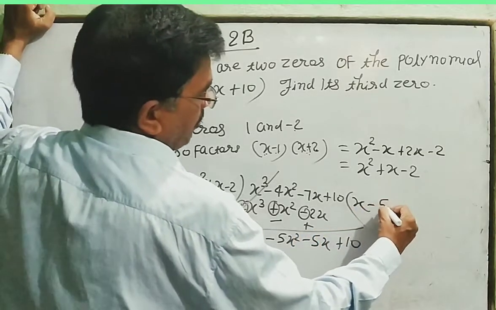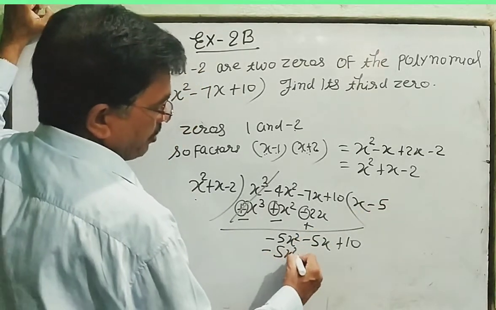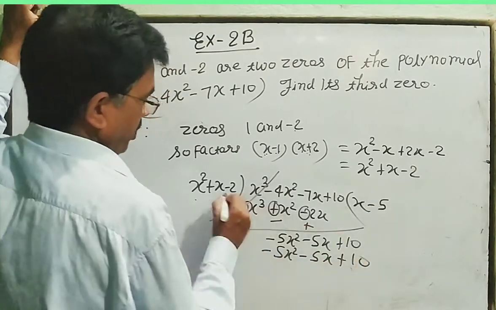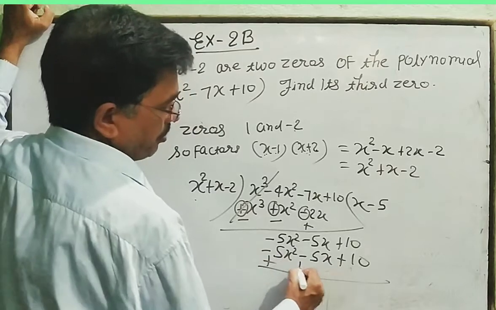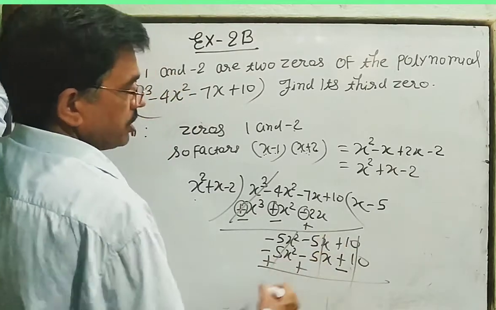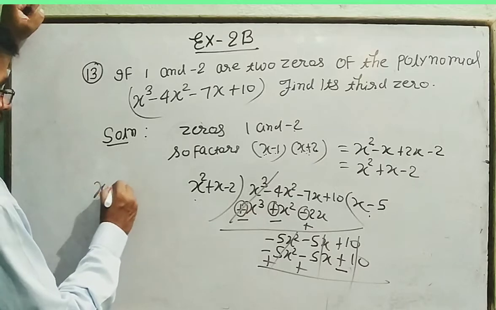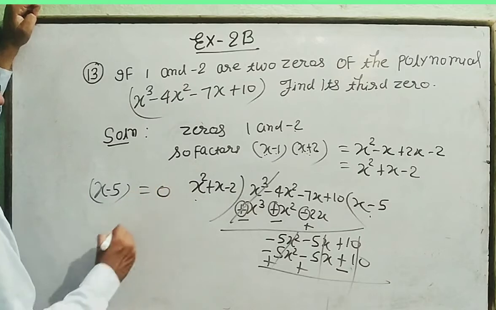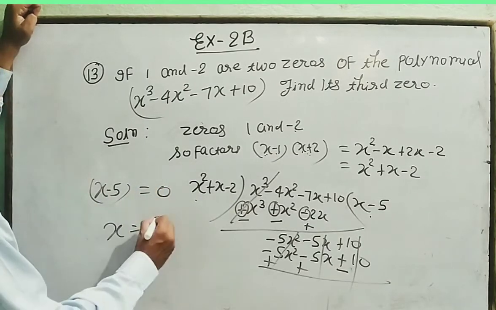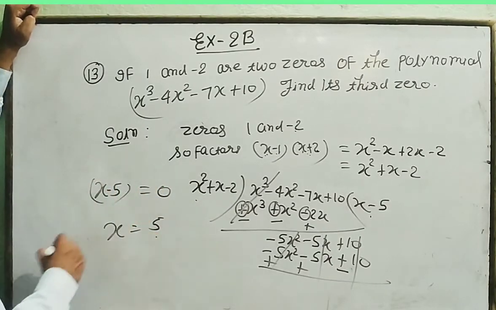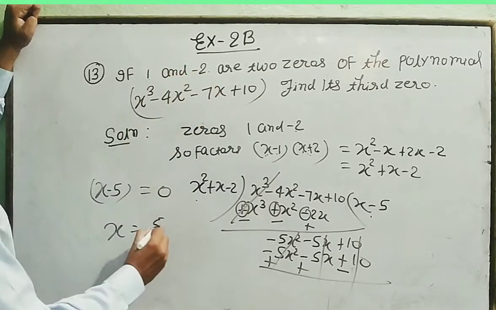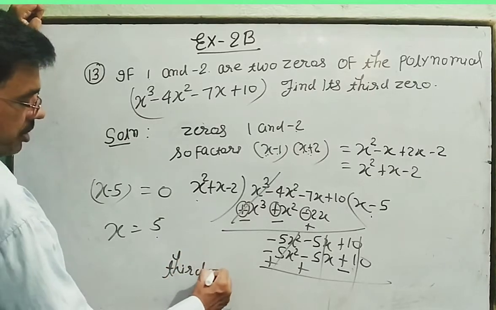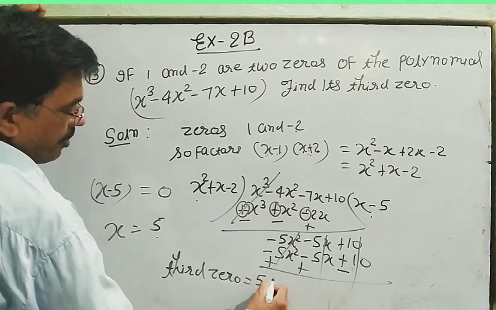Now multiply by minus 5, then it is minus 5x square minus 5x plus 10. Hence plus and minus cancel. Then x minus 5 is the factor. Then x minus 5 is equal to 0, so x is equal to 5. So the third zero is 5. The first two zeros are 1 and minus 2, and the third zero is 5. So the third zero is equal to 5, answer.